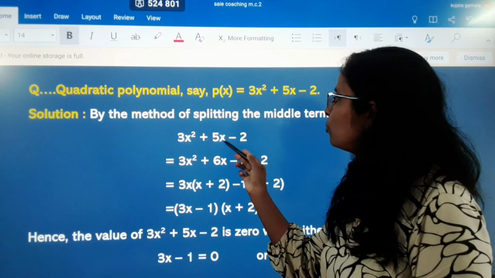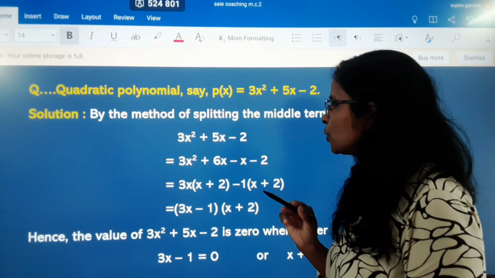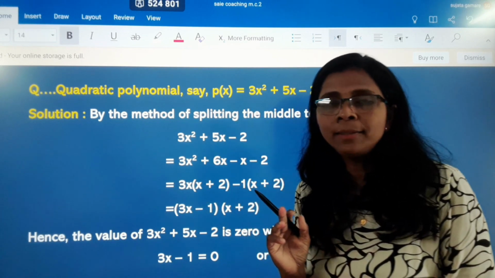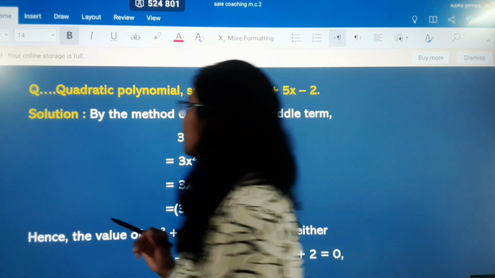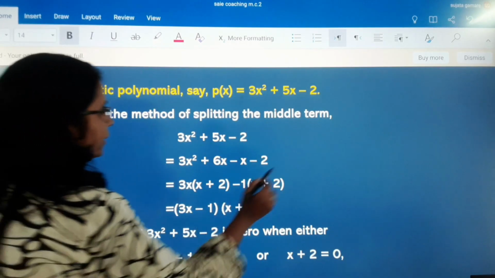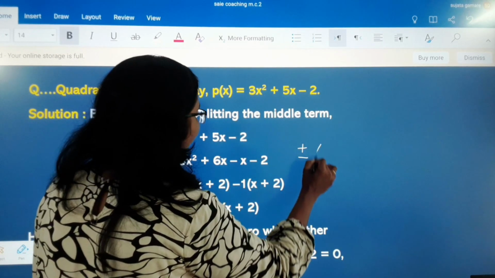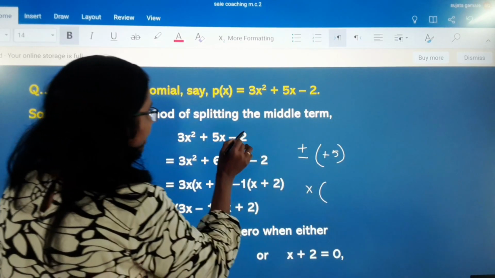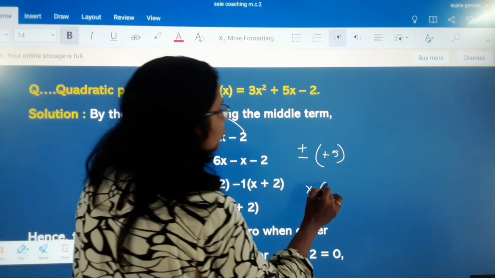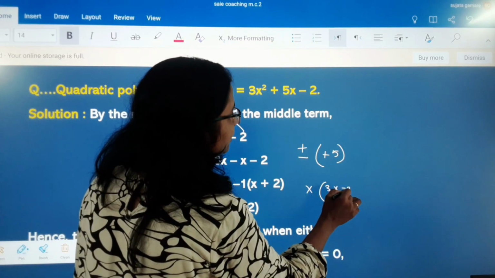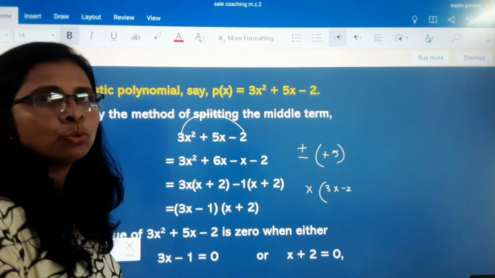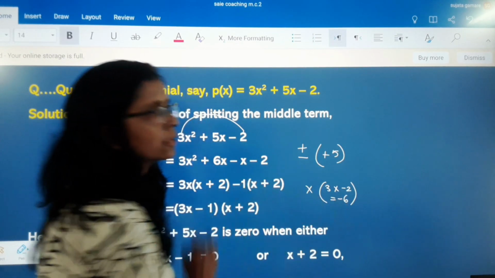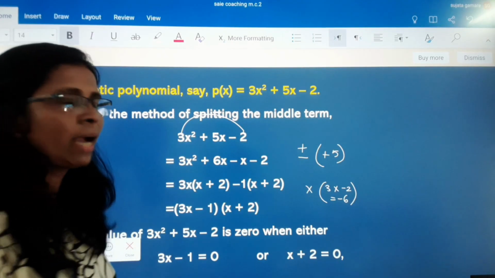Now get two numbers such that their addition or subtraction should be positive 5, and their product will be 3 into minus 2, that means equal to minus 6.